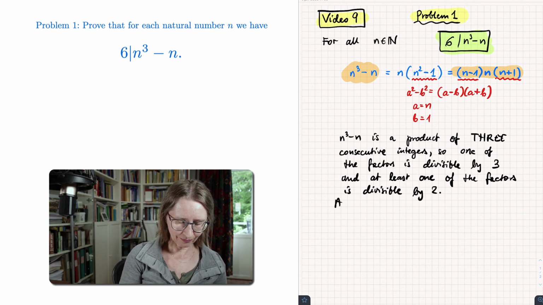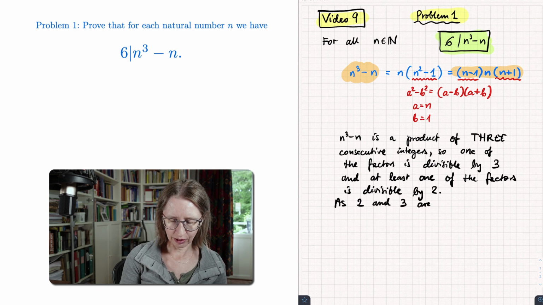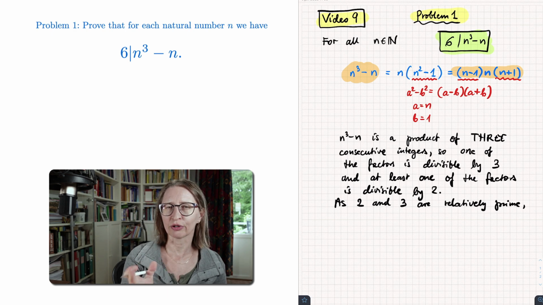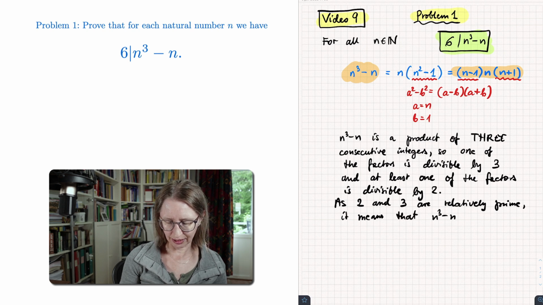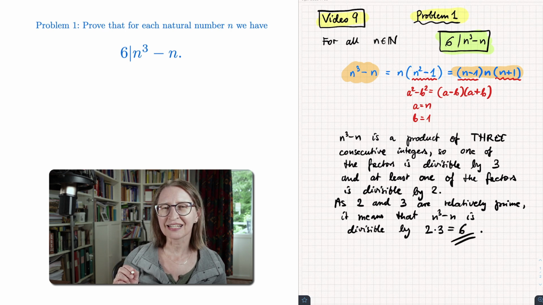And as 2 and 3 are relatively prime, they have no common divisors, it means that n to the third minus n is divisible by the product of 2 and 3, and this is 6.